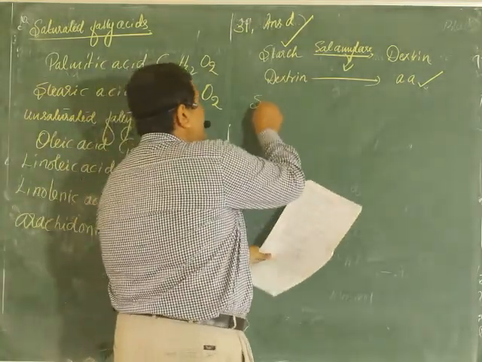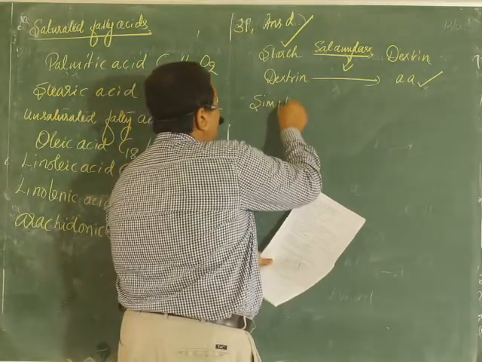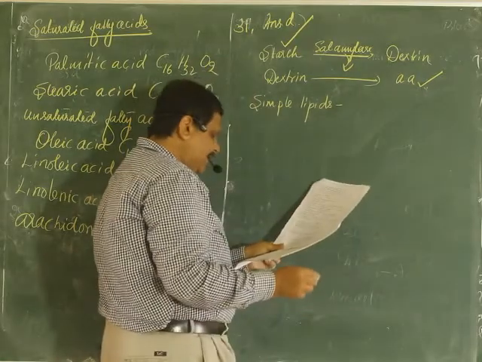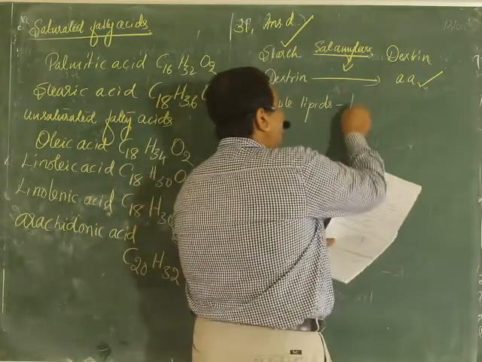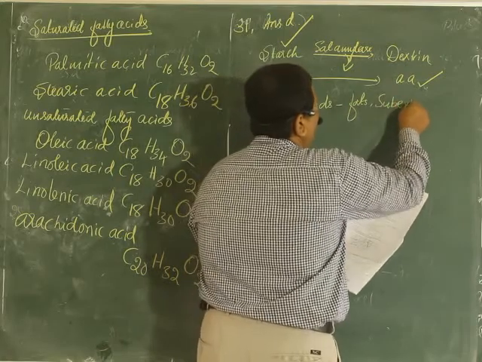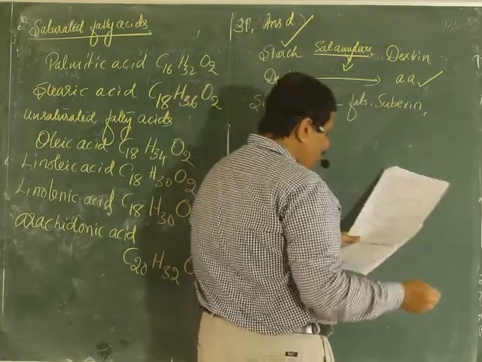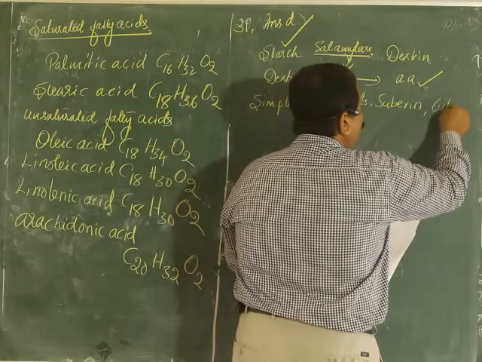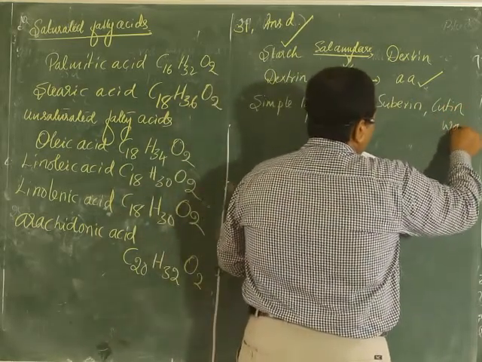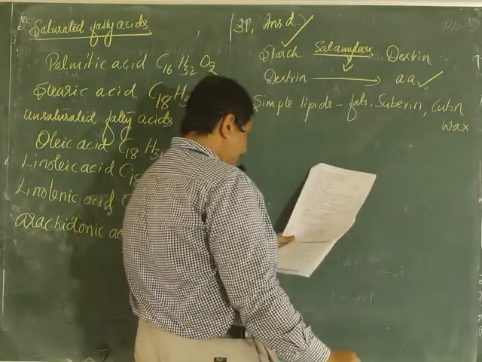Simple lipids. Let us see. Here there is one set. Fats, suberin, and then cutin, wax. All these are simple lipids.